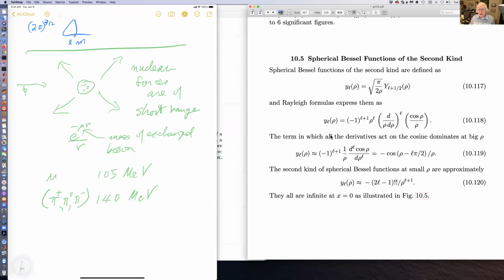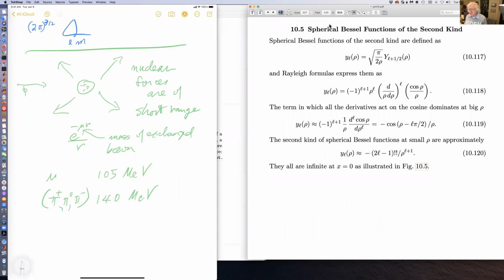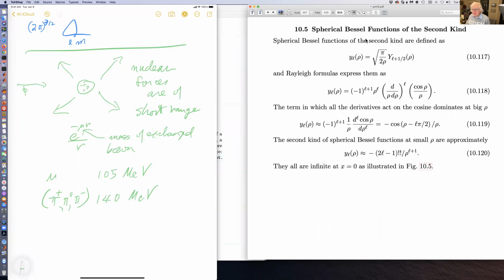All right, let me go on to spherical Bessel functions of the second kind. This is when the origin is not in the physical region or the phenomenon is infinite at the origin. Rayleigh's formulas give them as, again, a very simple expression.